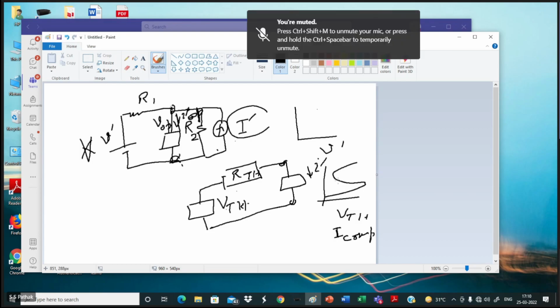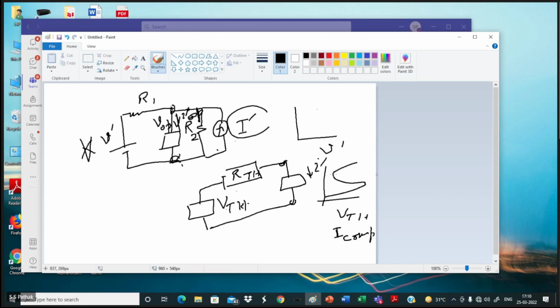So the characteristic curve will accordingly change, and you will be asked to find only these points. 0 will remain, of course, as 0. If somebody has given here also, you are asked to find these points over here. Will you be able to do it?